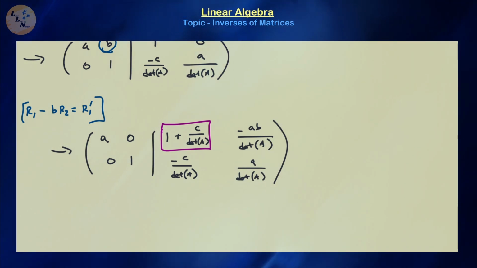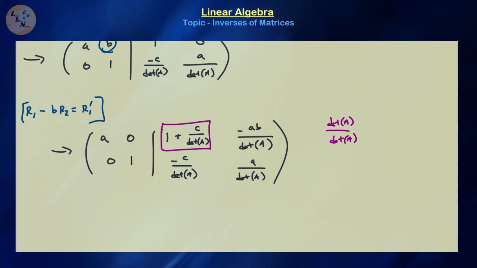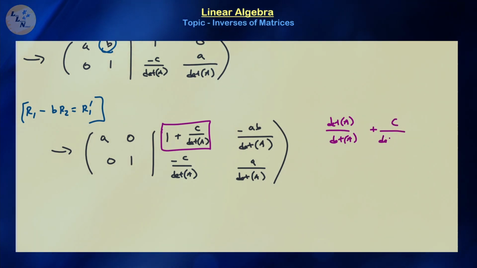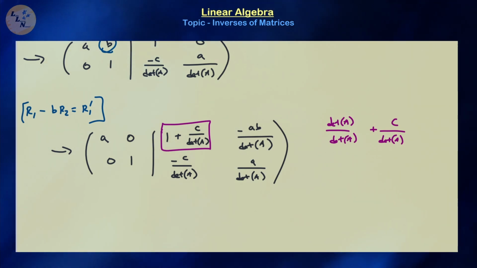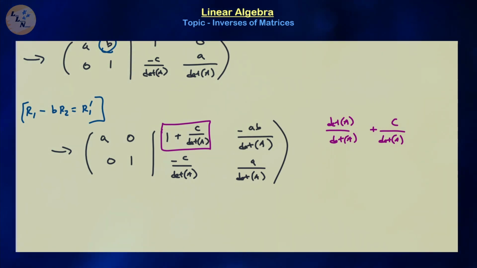I'm going to get a common denominator, so I'm going to have determinant of A all over the determinant of A, and then plus C all over the determinant of A. So it's going to be the determinant of A plus C over the determinant of A. So what exactly is that? All right, and actually we are missing one little thing. We're missing the B that we multiplied that by. Let's not forget the little b.